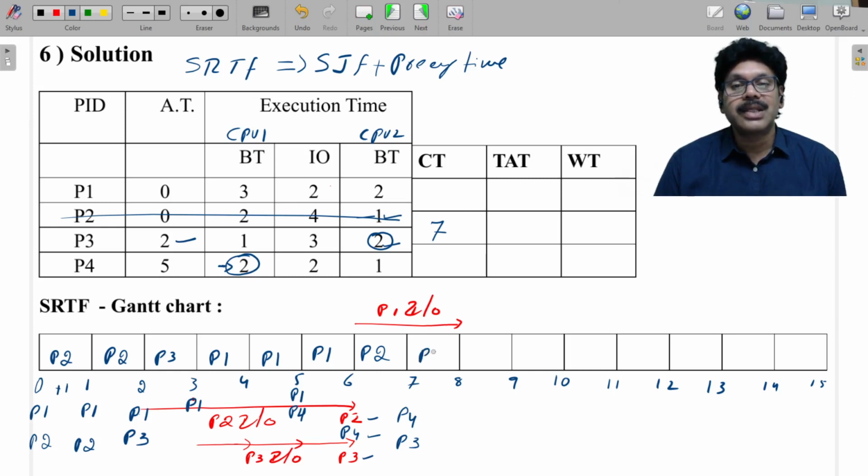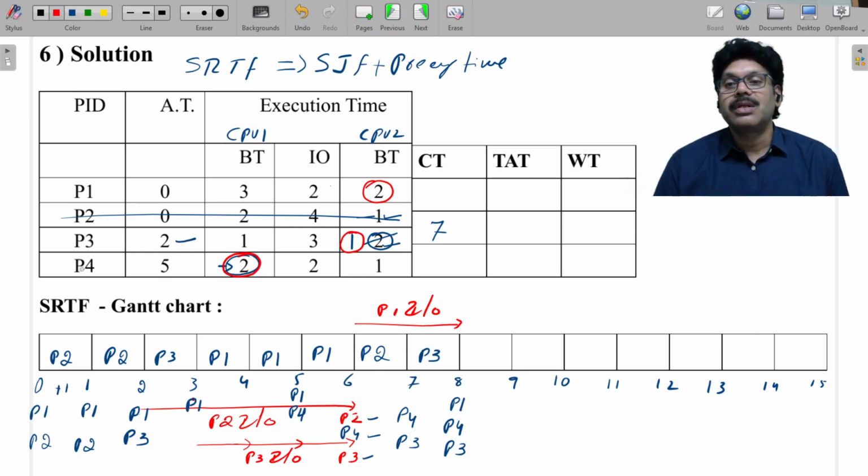So P3 is given a chance. Let us execute only one unit because another process is also there. That's it. And now exactly at 8, P1 is there, P4 is there, P3 is also there. P1 needs its second burst time, that is 2, and P3 needs the balance of its second burst time. P4 needs its first burst time, 2.